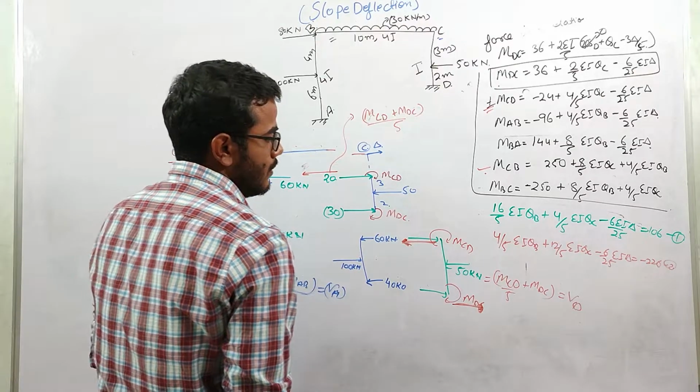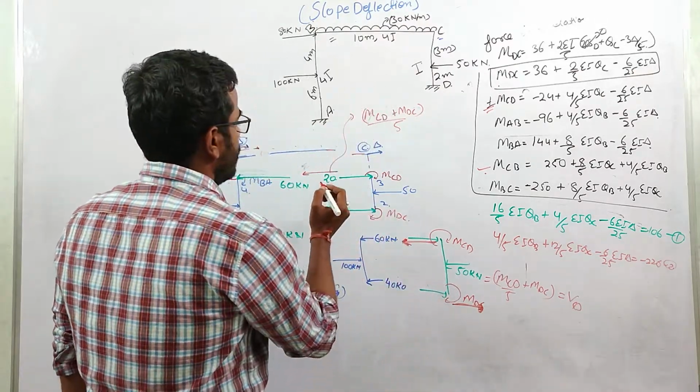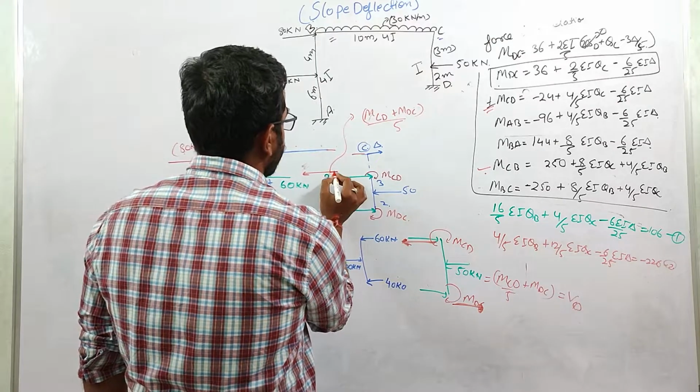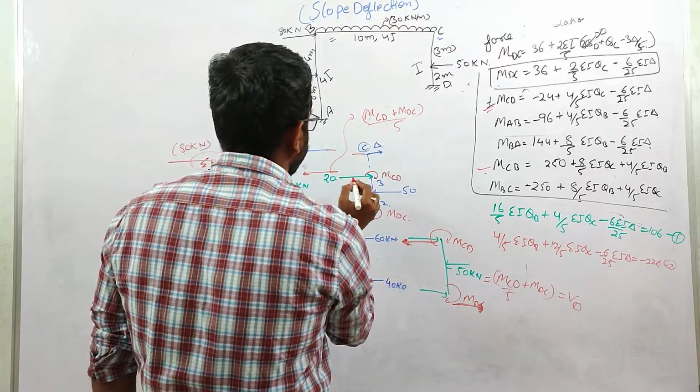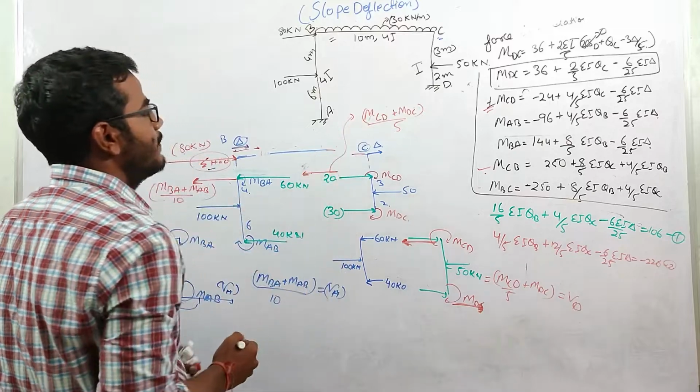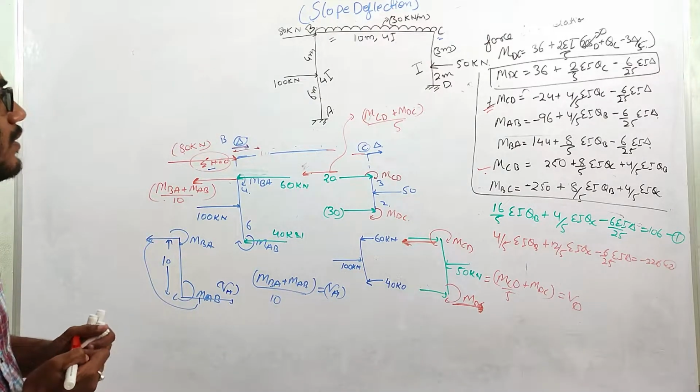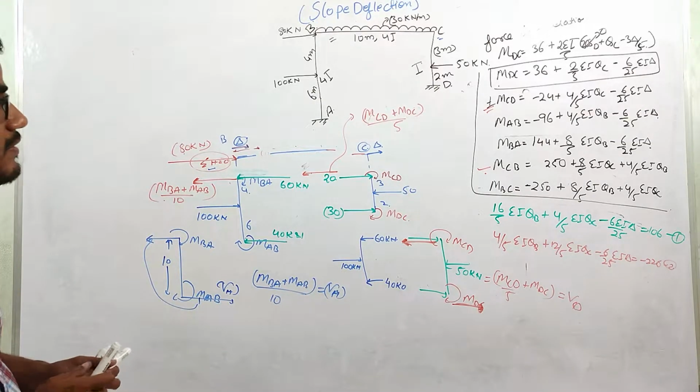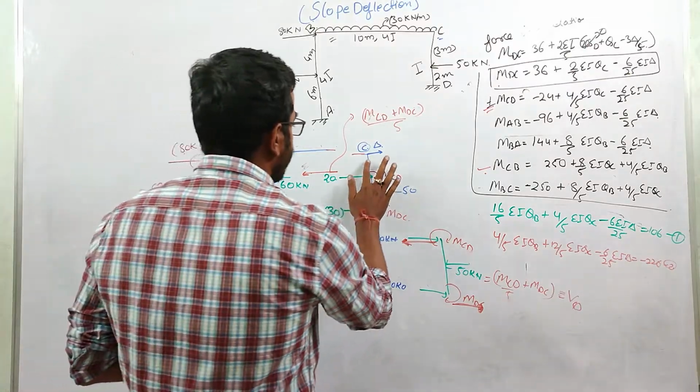So at this point there is a horizontal reaction generating, which equals MCD plus MDC by 5. This thing should be very, very clear.